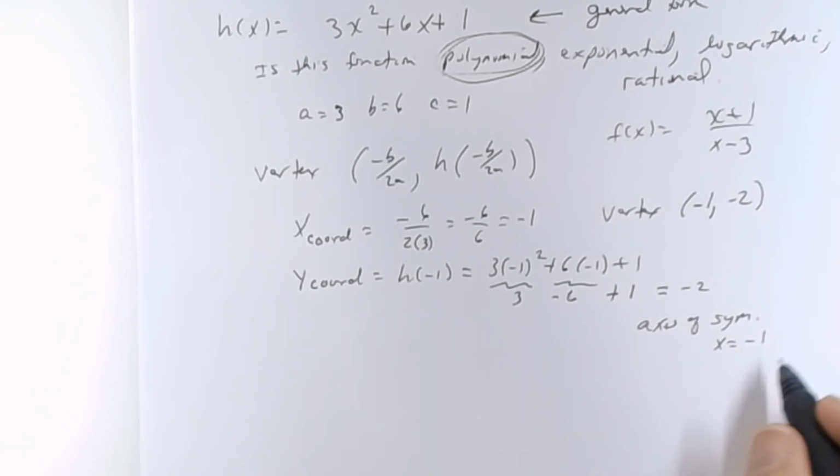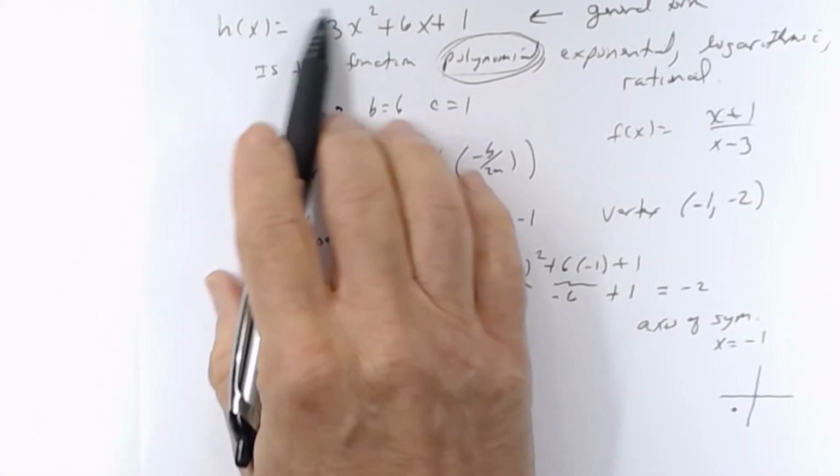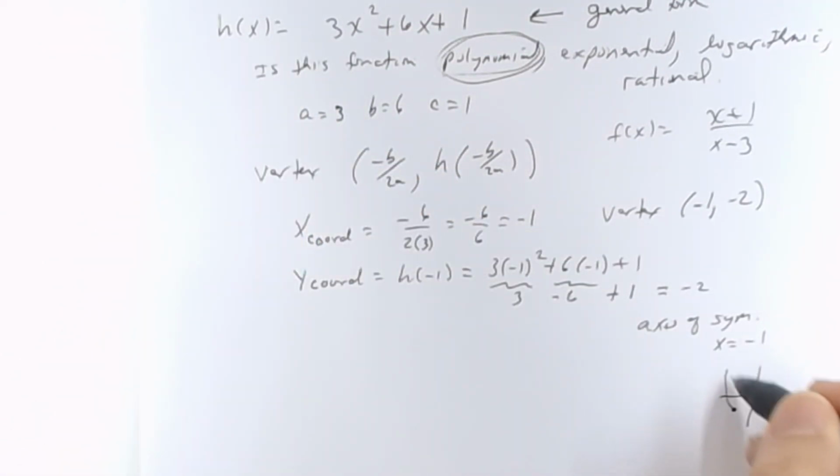Yes. Because -1, -2 is in the third quadrant. Since A is positive, what's A in this case? 3. Positive 3 is going to open up. So I am going to have x-intercepts.